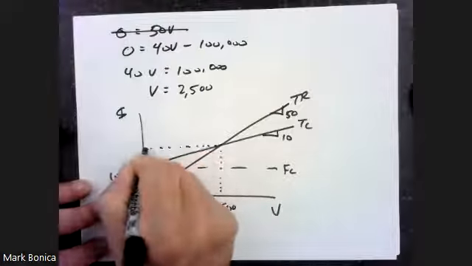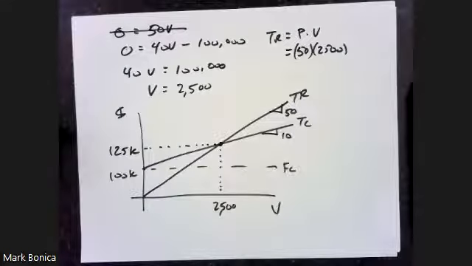So at 2,500 units, total revenue is 125,000, and the total costs are 125,000. Think about that for a second. Total cost is fixed cost plus total variable cost. The fixed cost is 100,000, and 2,500 units times 10 is 25,000. So 100,000 plus 25,000 is 125,000. So we kind of checked that in our heads.